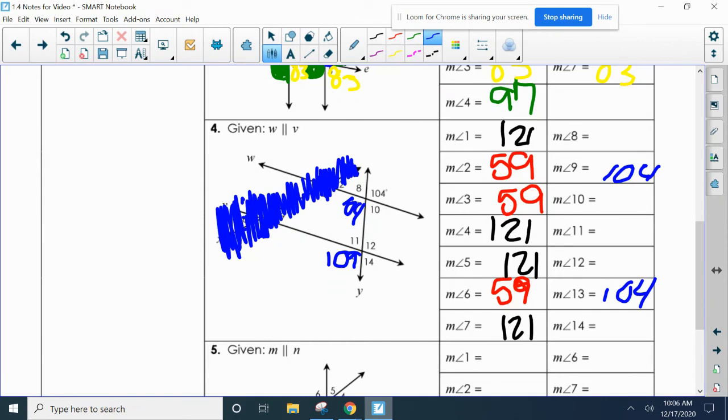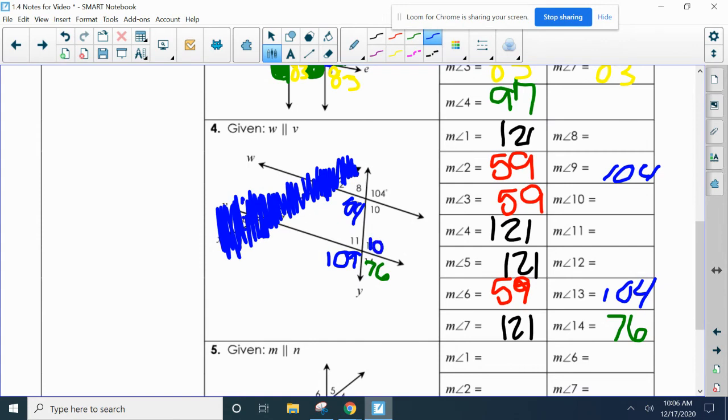I know 13 and 14 form a straight line. And I know a straight line is 180 degrees. So if I take that from 180, I'm going to get 14 is 76. All right, I know that 13 and 12 are vertical.